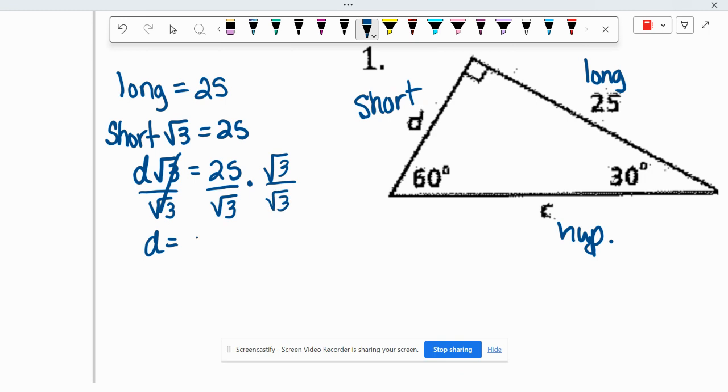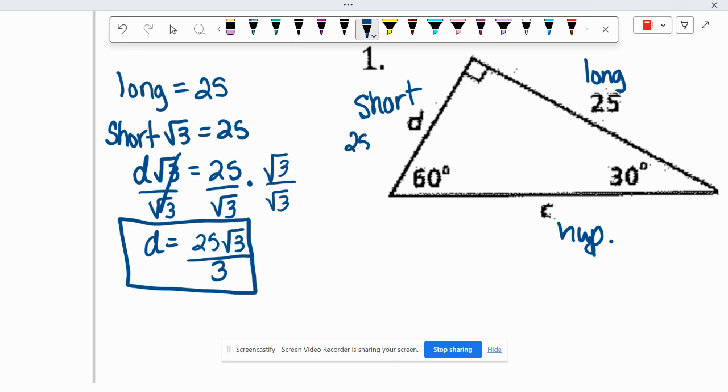So I have 25 times the square root of 3 over, what is the square root of 3 times the square root of 3? Yeah, it's 3. So this is the value of the short leg: 25 times the square root of 3 over 3.